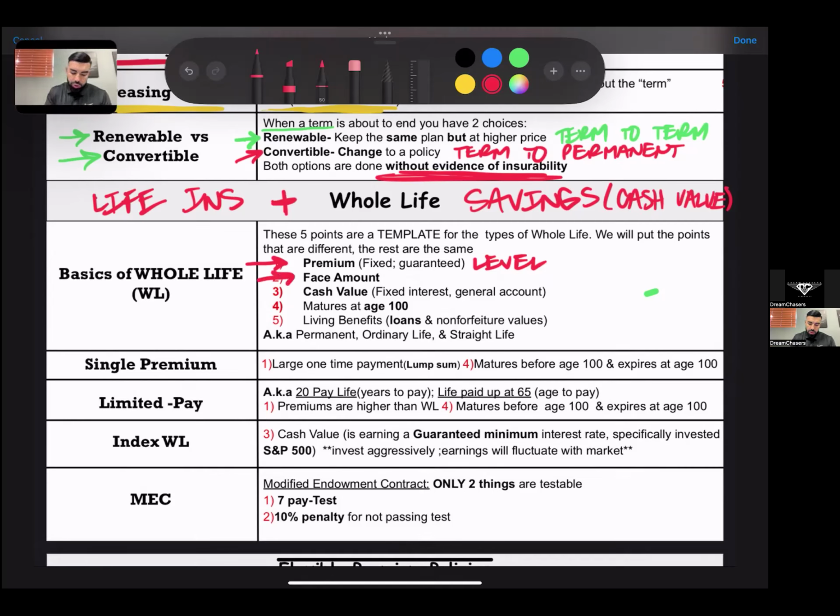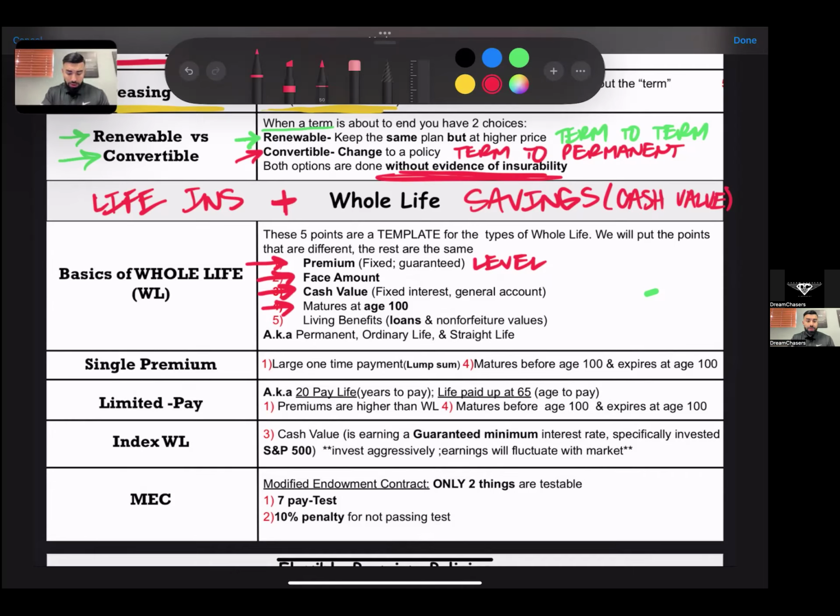Number two, because it is life insurance, there is a face amount. If we go back to the beginning on words to know, face amount, also known as coverage, also known as death benefit, also known as proceeds. The third is that there is a savings, which is known as the cash value. Number four is that it matures at age 100.